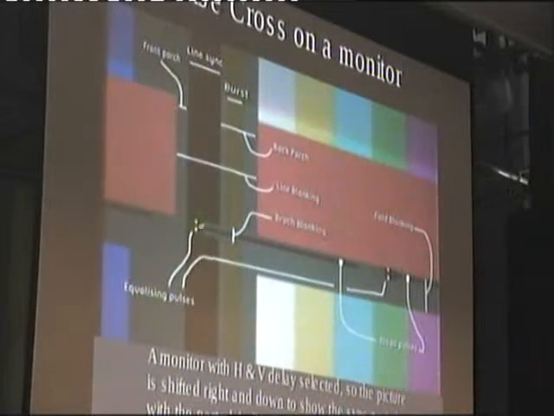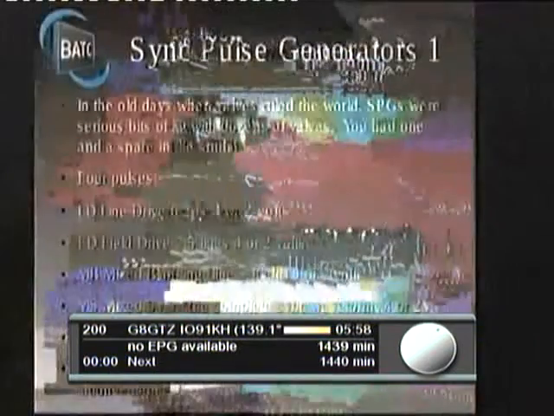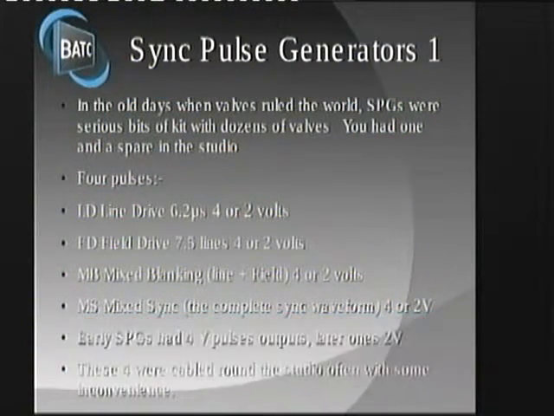And dealing with the field syncs, we have got the equalising pulses there and there, the broad pulses, and there, of course, that broad pulse, and on the monitor there is what it looks like.